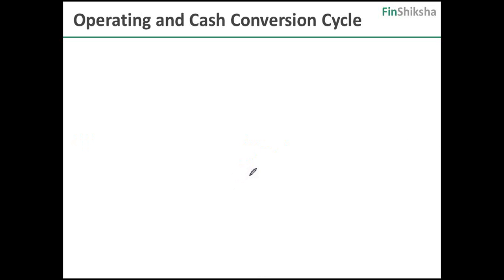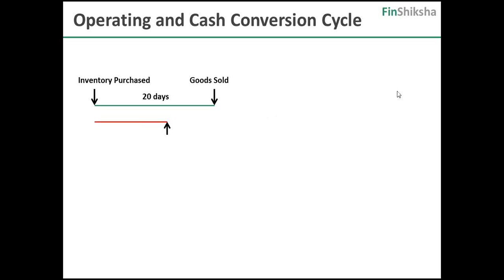When you look at the operating and cash conversion cycle, let's understand this bit first. You have a firm which purchases inventory on a particular day. After 20 days of the inventory purchase, it is able to convert it into a final good and sell it. At that point, you assume that goods have been sold, which is after 20 days.